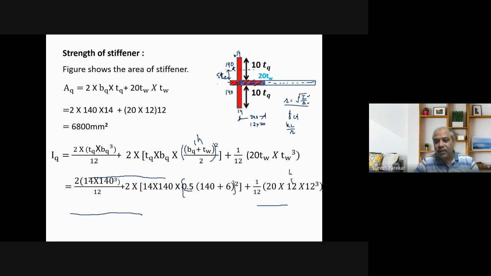This is the thickness of the web, and that is 1 by 12 B, this is B, 20 into 12, into D, we have this D. So 240 into 12 cube by 12, and this gives me the value of I.